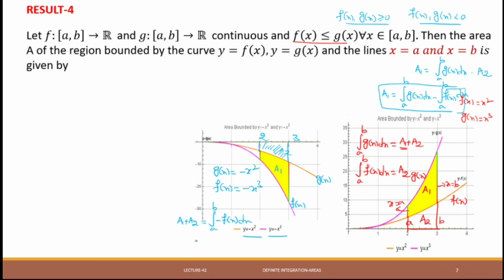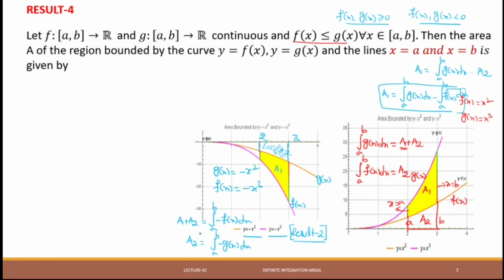And what about this area a2? a2 is given by a to b minus g of x dx. See, I can write these results with the help of result 2. I am using result 2 in finding out these things. Now I require only the shaded region, a1.